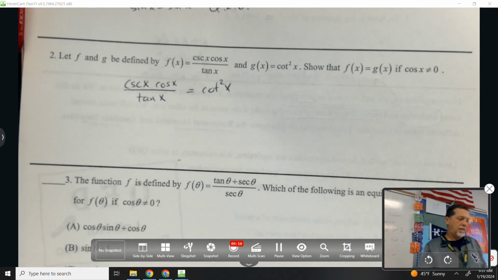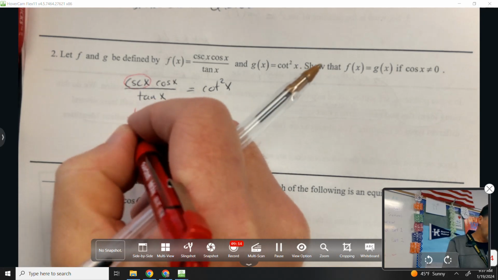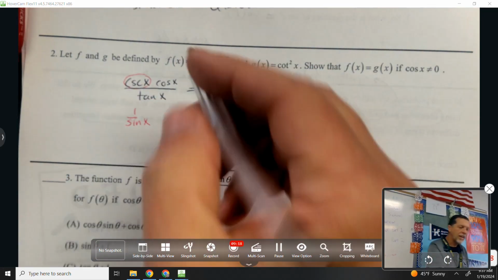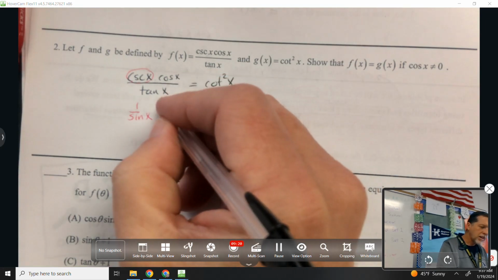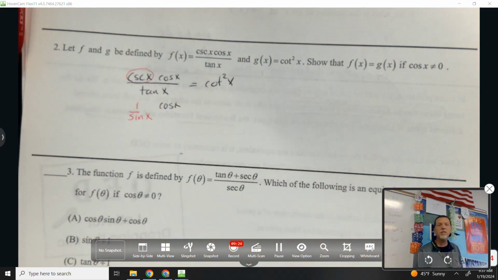Okay, so cosecant is the same thing as 1 over sine. That's a good start. In fact, that's a really good start because now I've got cosine over sine. That is cotangent, so there's one of them.